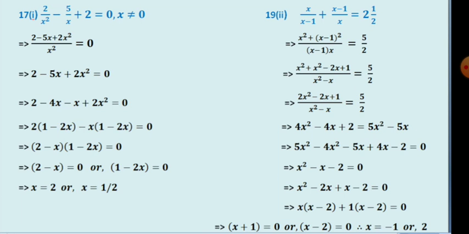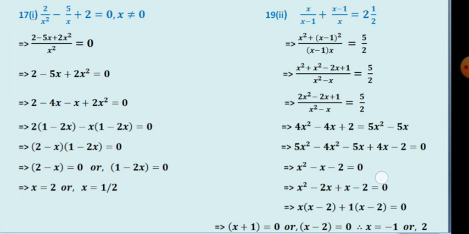Now bringing all the terms together to one side. So here I have brought the left hand side elements to the right hand side. So I've written it as 5x squared minus 4x squared minus 5x plus 4x minus 2 equals 0. So 5x squared minus 4x squared is x squared, minus 5x plus 4x is minus x, and minus 2 equals 0.